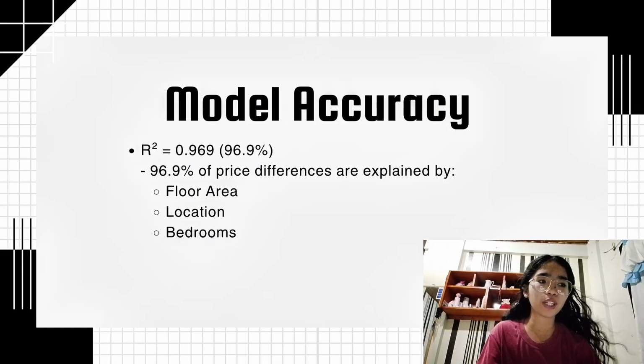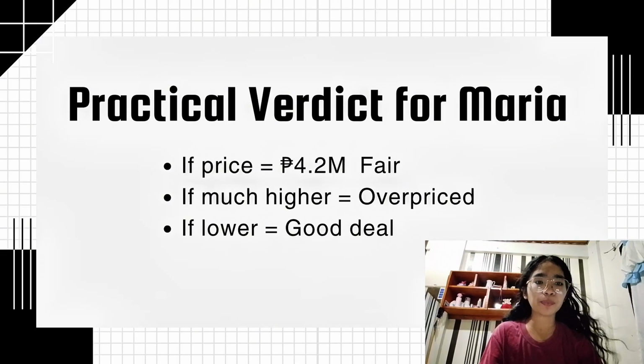It shows that floor area, location, and bedrooms are the big three factors driving the market, leaving very little room for guessing or hidden costs. For Maria, this high score acts as a seal of approval, proving her price prediction is mathematically reliable and based on the real patterns of the neighborhood.